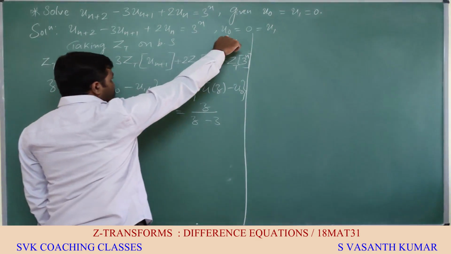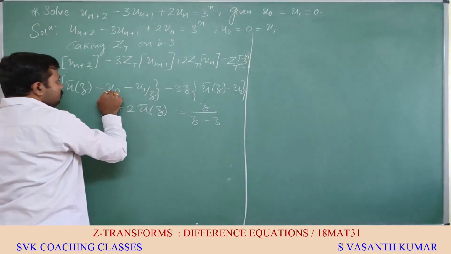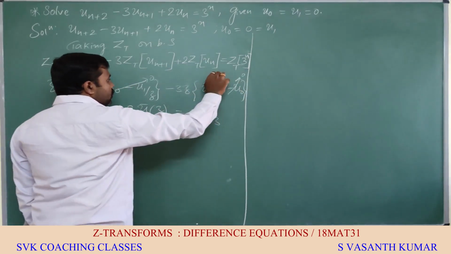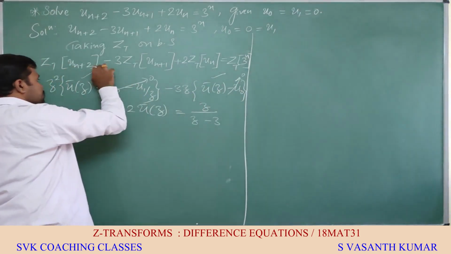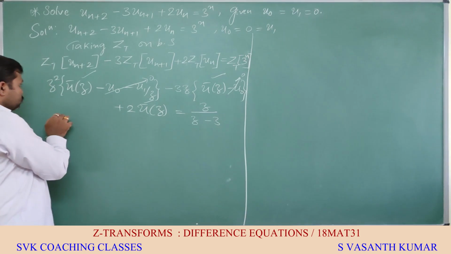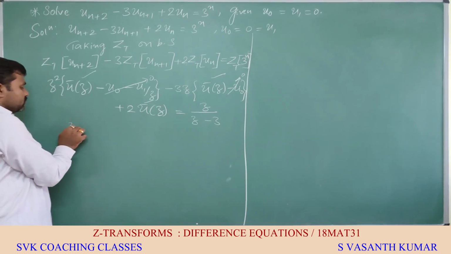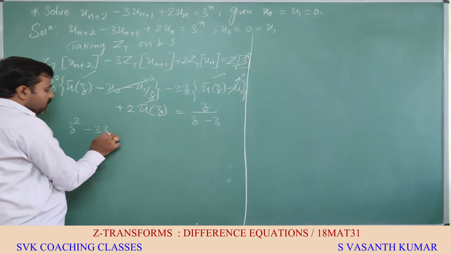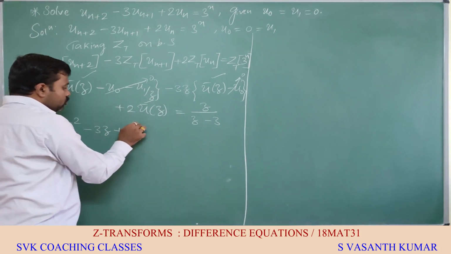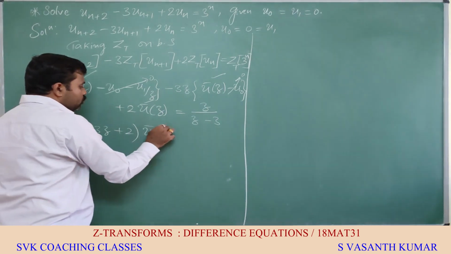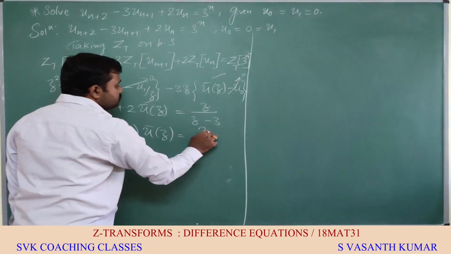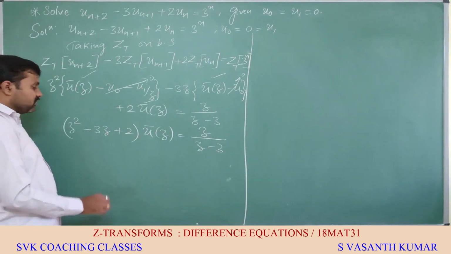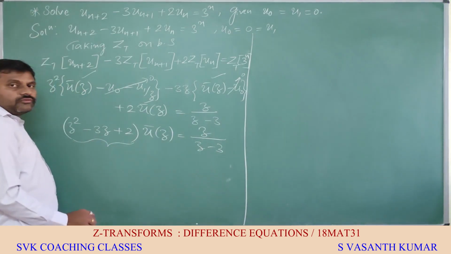Now use the initial condition u0 and u1 is equal to 0. Therefore these two terms are 0 and this term is also 0. Now collect the coefficients of u bar of z, that is z square minus 3z plus 2 on u bar of z equal to z by z minus 3. Now factorize this.